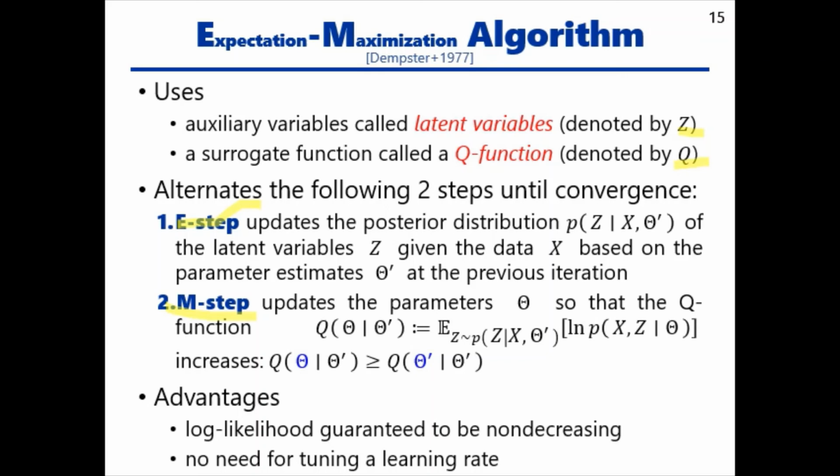The E step updates the posterior distribution of the latent variable Z given the data X based on the parameter estimate theta prime at the previous iteration. The M step updates the parameter theta so that the Q function increases, where the Q function is given by this equation.